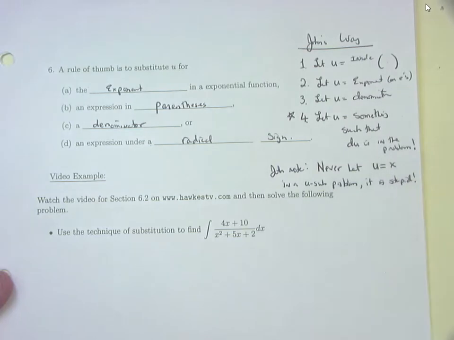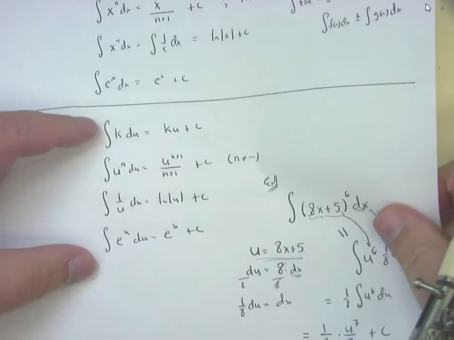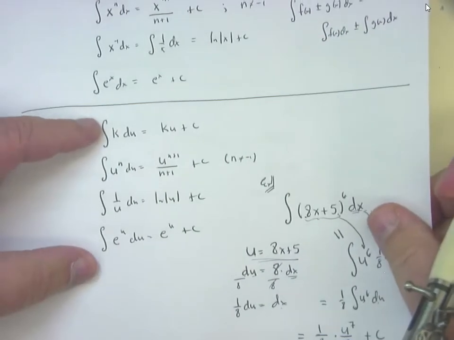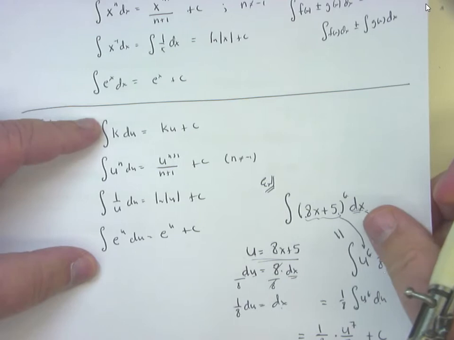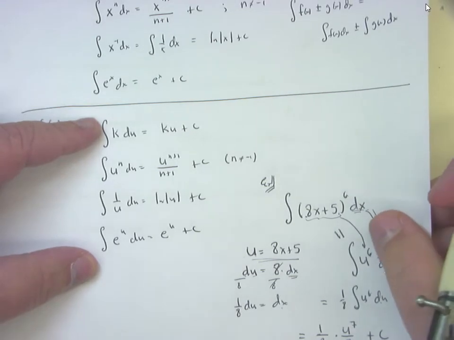Okay? Now, what is the point of u-substitution? The point of u-substitution is to completely change the problem into one of these forms that we have memorized. Okay? If I let u equal x, then du equals dx. It really doesn't change the problem at all.